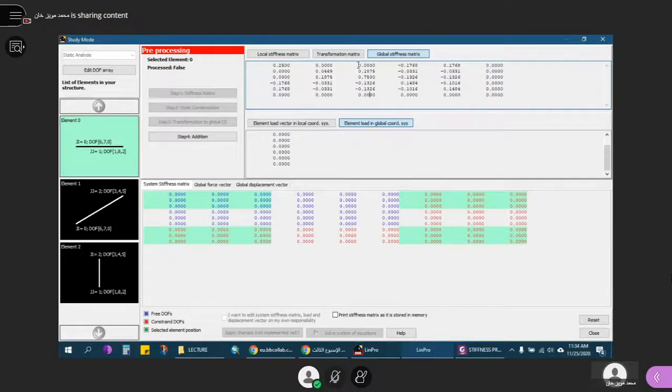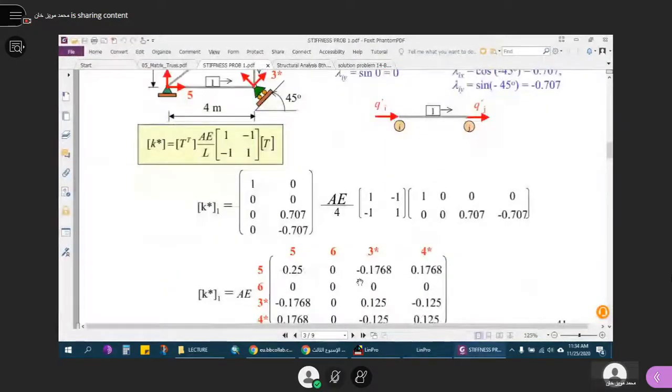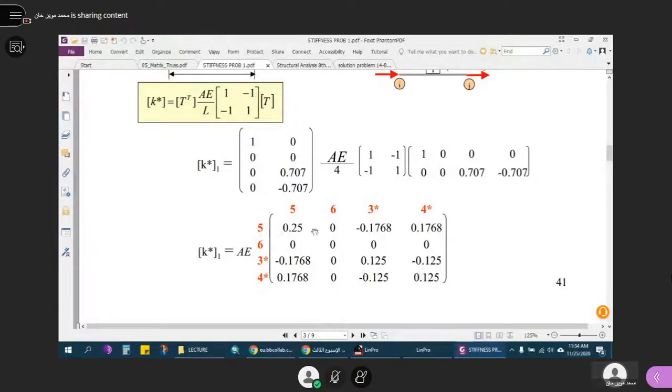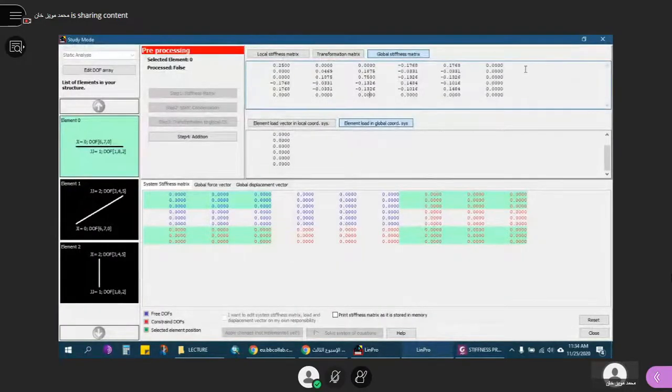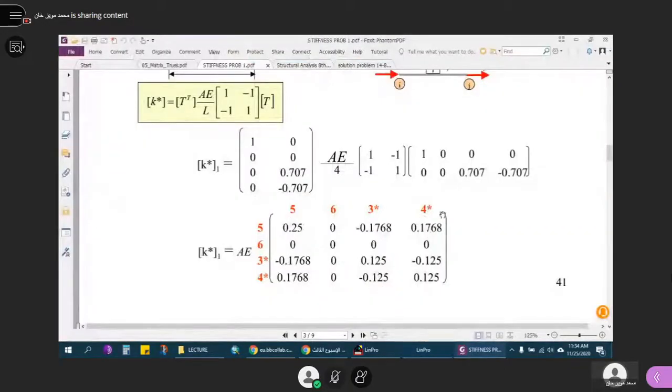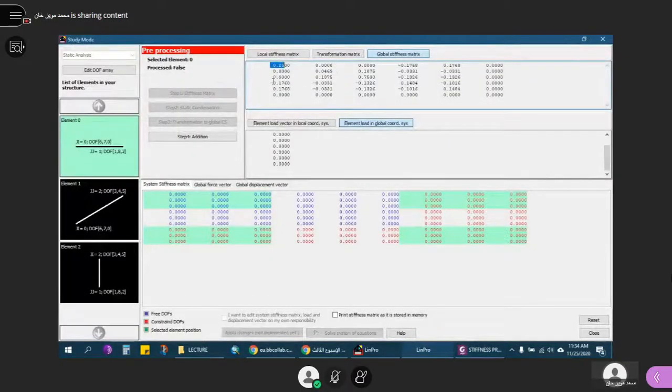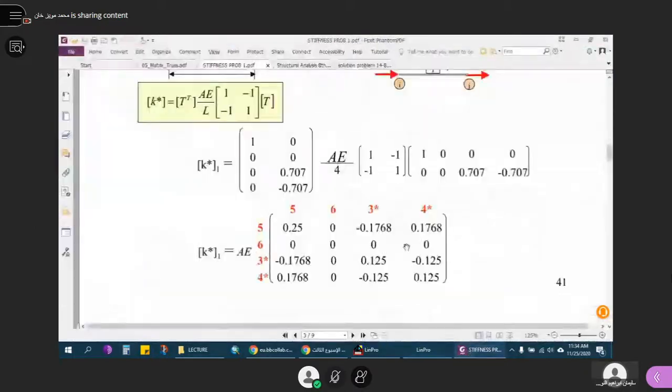So I remove the third column and the third row, and the last column and the last row. Whatever I am left with, I get this 4 by 4 matrix. So from the 6 by 6 matrix, you are removing the last row, last column, third row, third column, and you will get a 4 by 4 matrix, which is exactly equivalent to this one. You see all your values are available here in this matrix, 0.25, 0.1768, 0.1768.